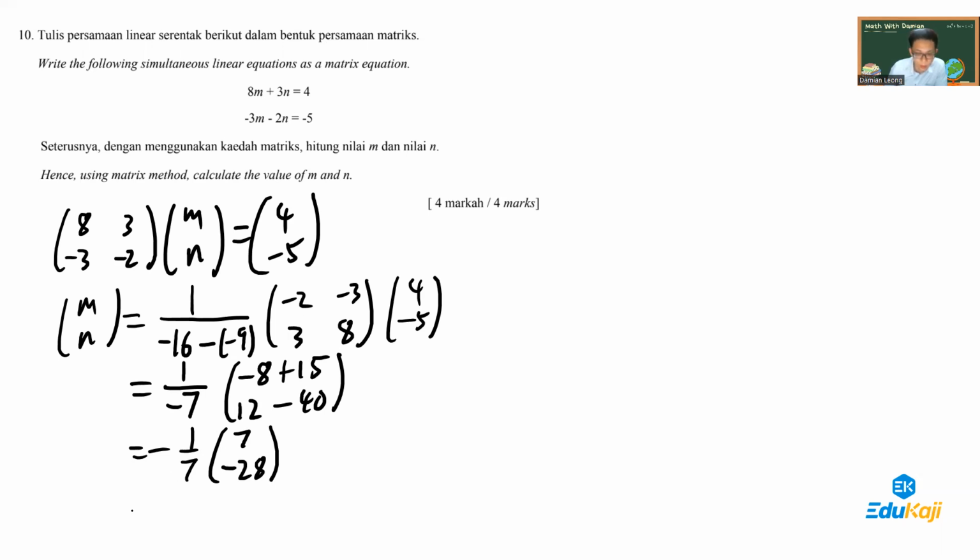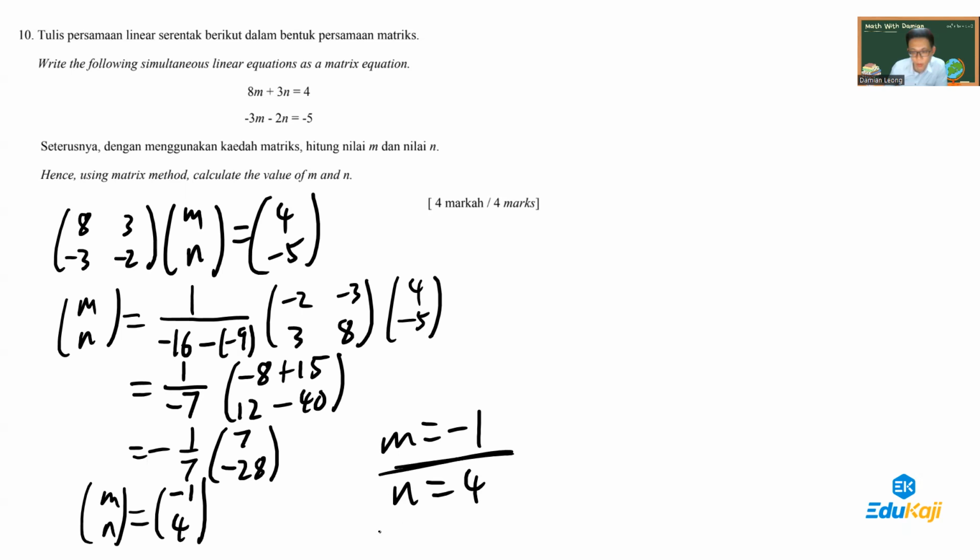So the product will be -1, 4. So the matrix mn is -1, 4, which means m is -1, n is 4. That is question 10.